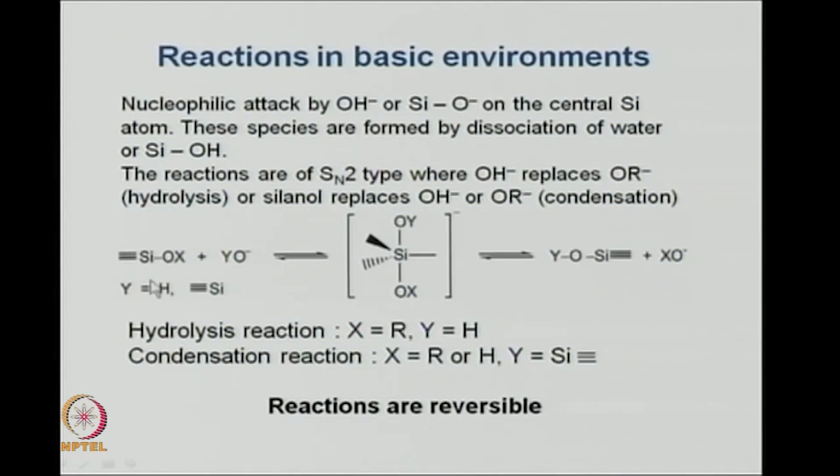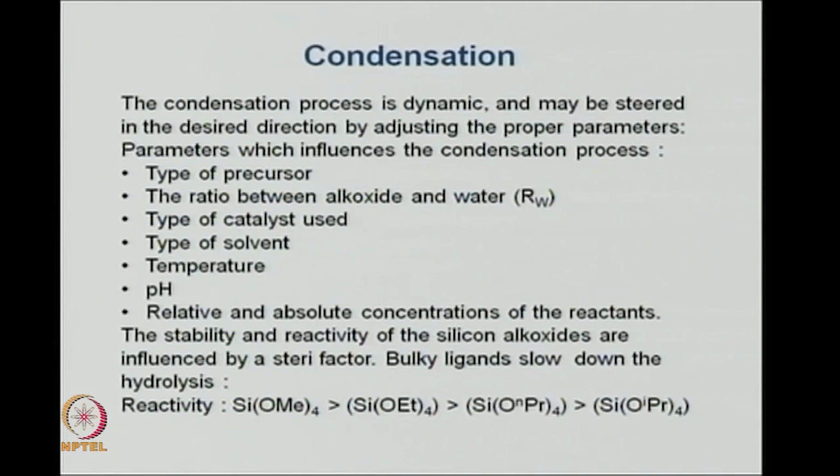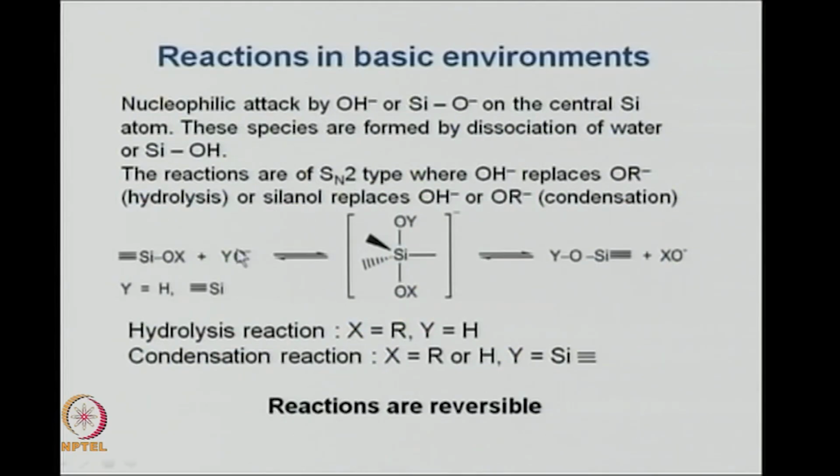So, if you look at this reaction, silicon OX reacts with either OH minus or OSi minus, which attacks at the silicon site. Silicon here has 4 bonds, tetrahedral, and it forms the intermediate with these species.